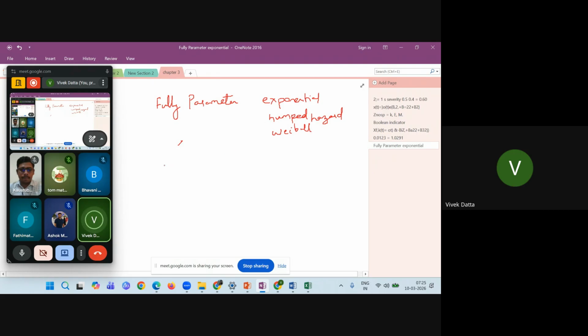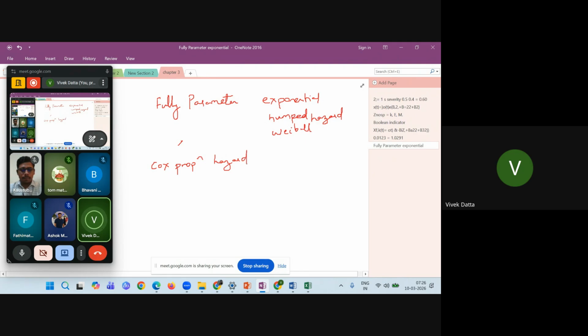We then said let's look at models which are semi-parametric in nature, where we can talk about proportionality of hazard with respect to one another. So we said the most ideal for this is the Cox proportional hazard.